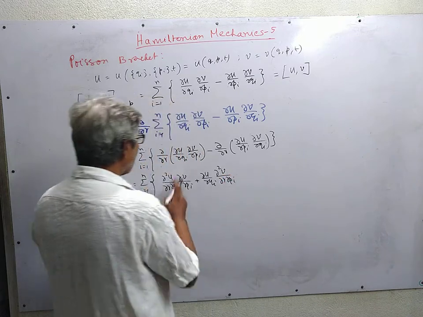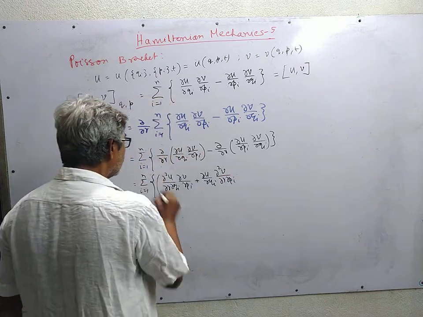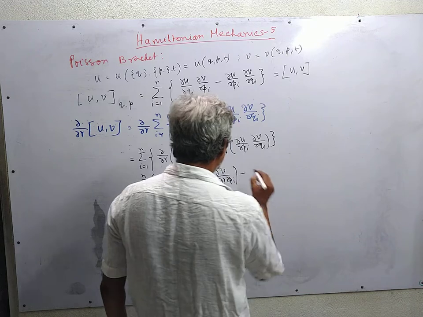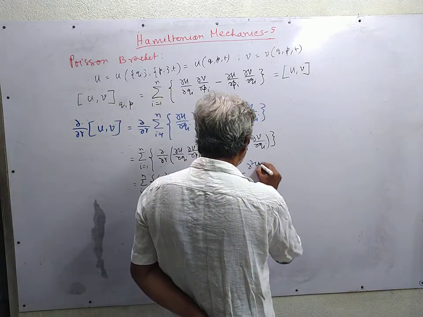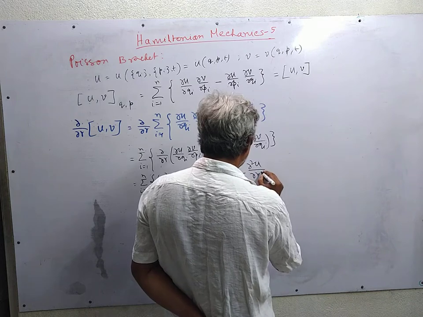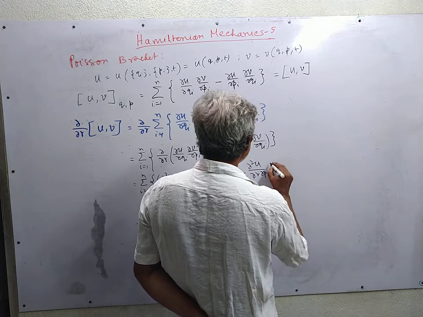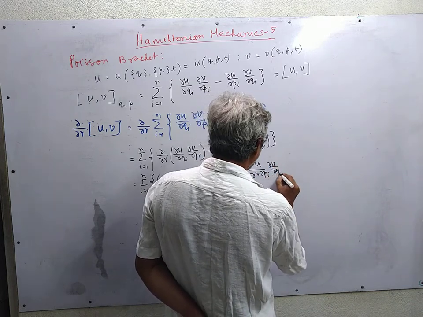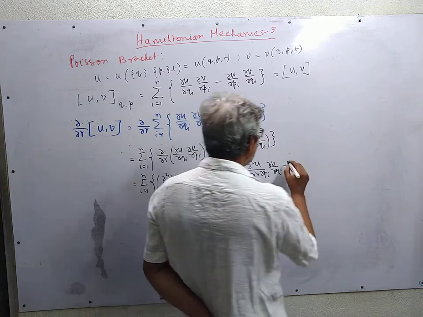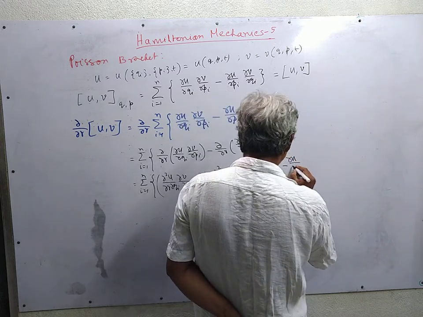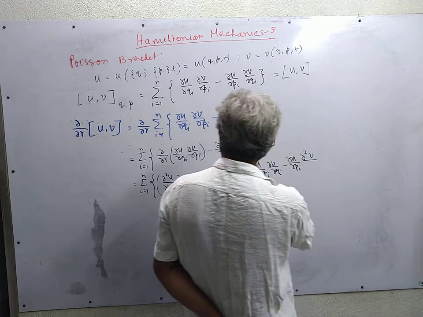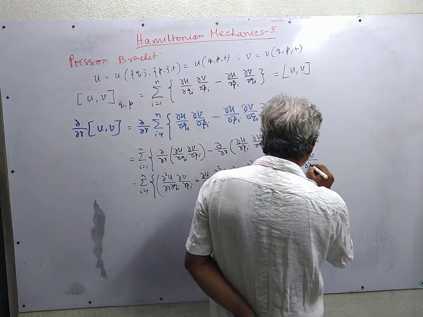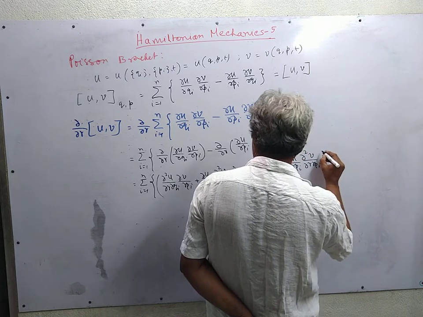These are the two terms originating from the first term, and there are two more terms, del 2U del R del Pi del V del Qi minus del U del Pi del 2V del R del Qi.